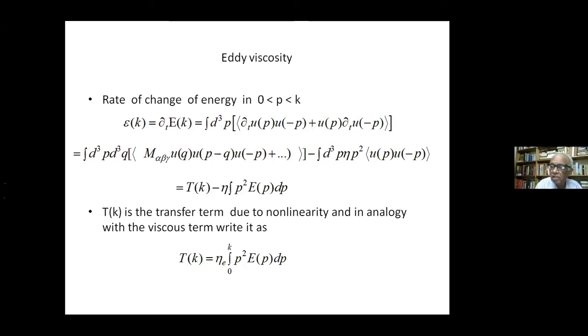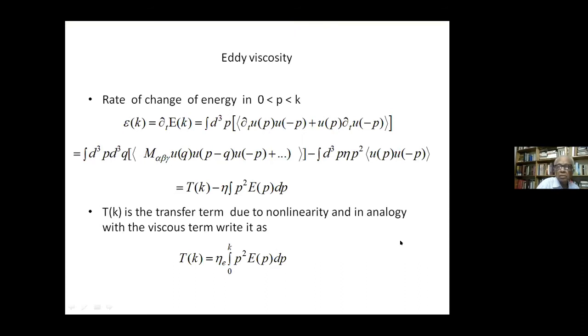Every amount of flow per unit time from the K sphere to outside, from less than K to greater than K, would be the time derivative, which would have to be a constant. So formally, the time derivative is what one has written down over here in the first line.